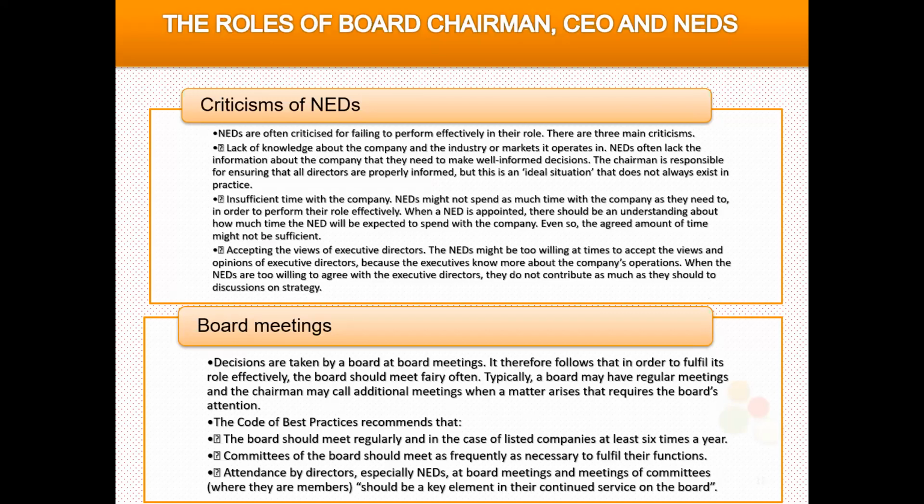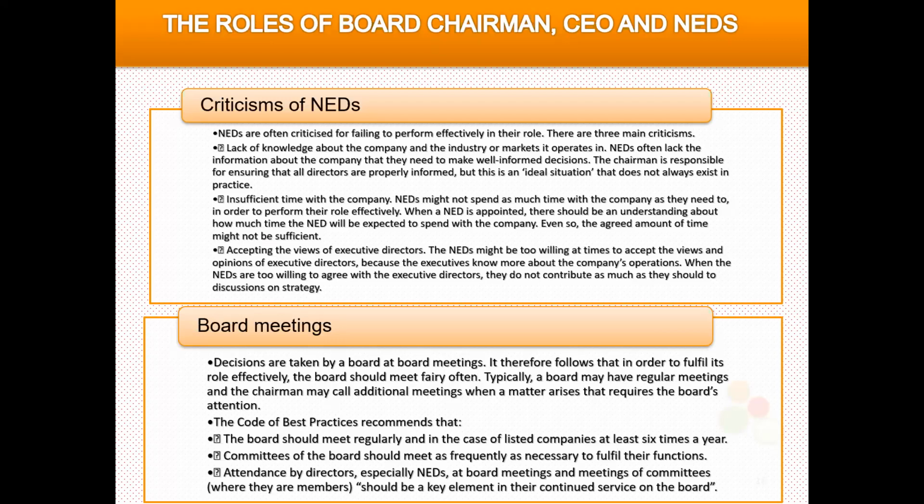Criticisms of NEDs. NEDs are often criticized for failing to perform effectively in their role. There are 3 main criticisms.